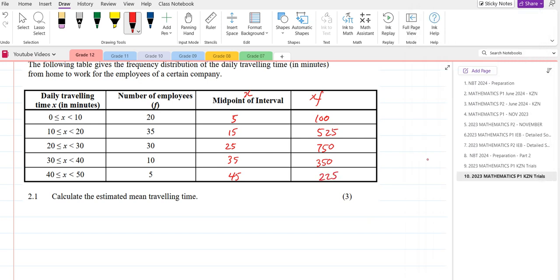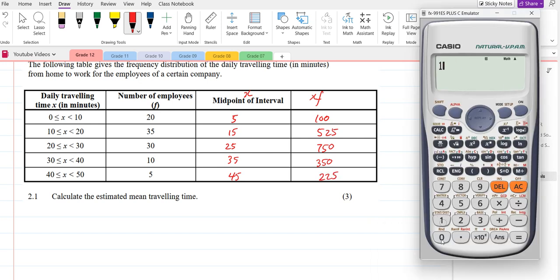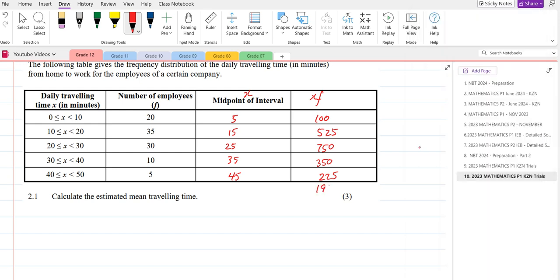Right, so now I'm going to sum up all this. 100 plus 525 plus 750 plus 350 plus 225, and I get an answer of 1950.